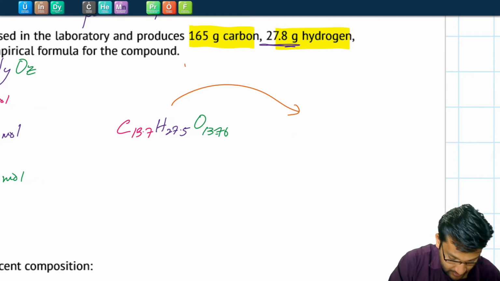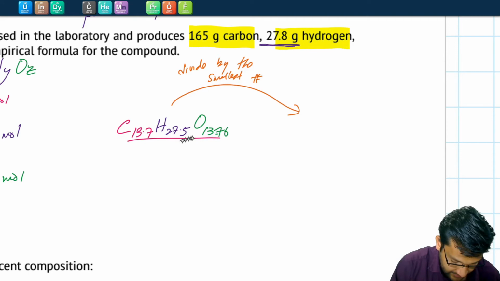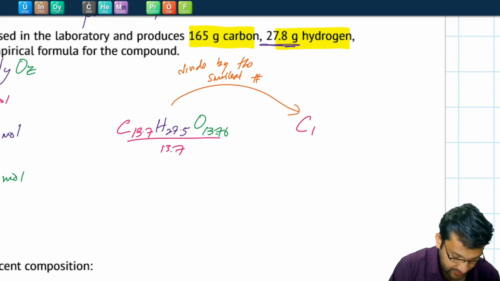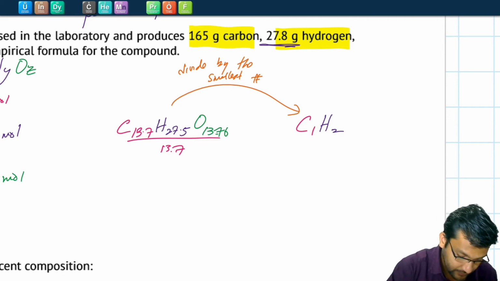First, you divide by the smallest number. And in this case, 13.7 is the smallest number. So if you divide everything by 13.7, you end up with C1, right? 13.7 divided by 13.7 is 1. H would be 2, right? 27.5 divided by 13.7 is about 2.